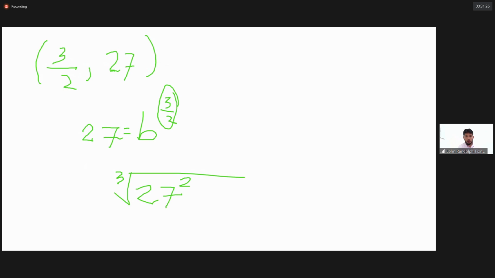Number 1. F of x equals 3 to the power of x squared is an exponential function. True or false? Yung mga nasagutan natin sa oral, sasagutan din natin ito. Oops, let me check your answers here.